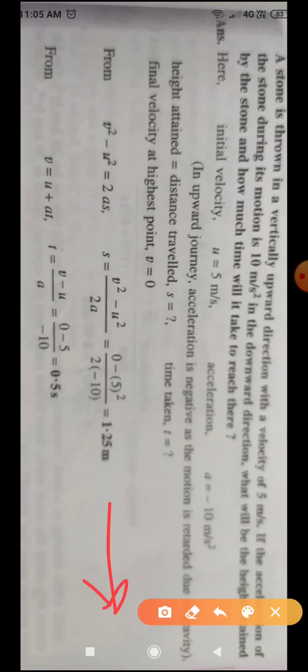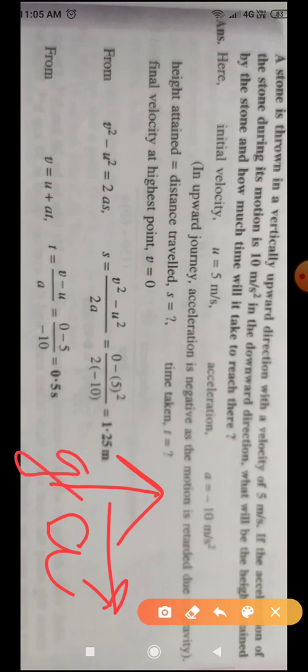One more thing should be considered: when a body is moving in a horizontal path or a linear way on the x-axis, this is considered acceleration a, but when the body is moving in a vertical path or upside direction, at that time acceleration is converted into acceleration due to gravity, and that is why it is mentioned as g. So now in this situation we already have u, we mention u is equal to 5 meter per second, and we mention a is equal to minus 10 meter per second square.